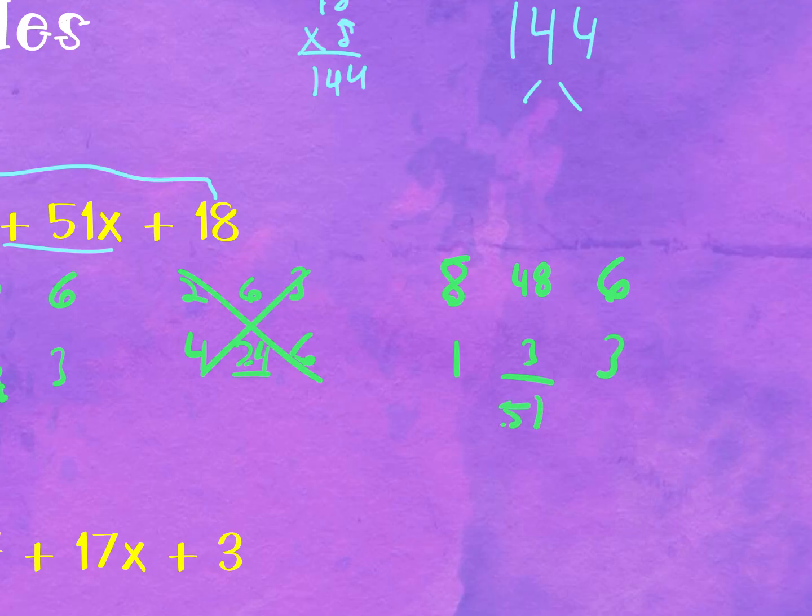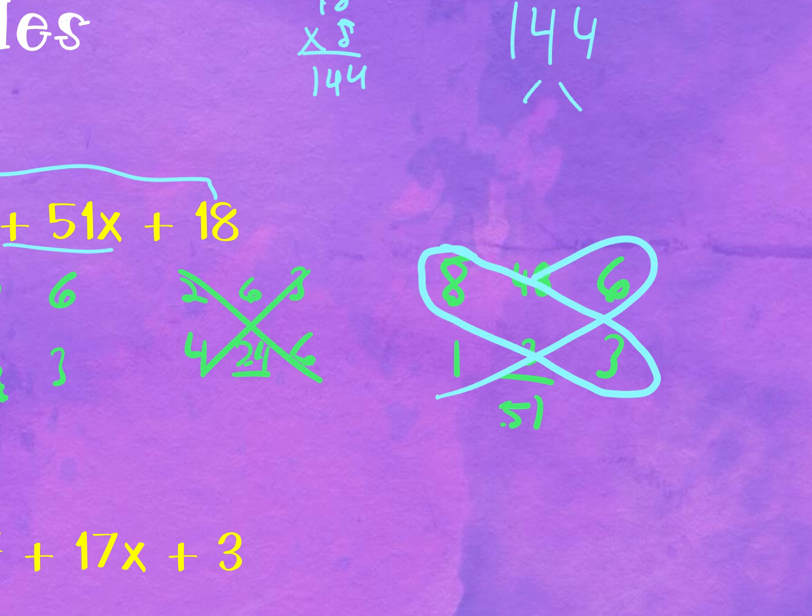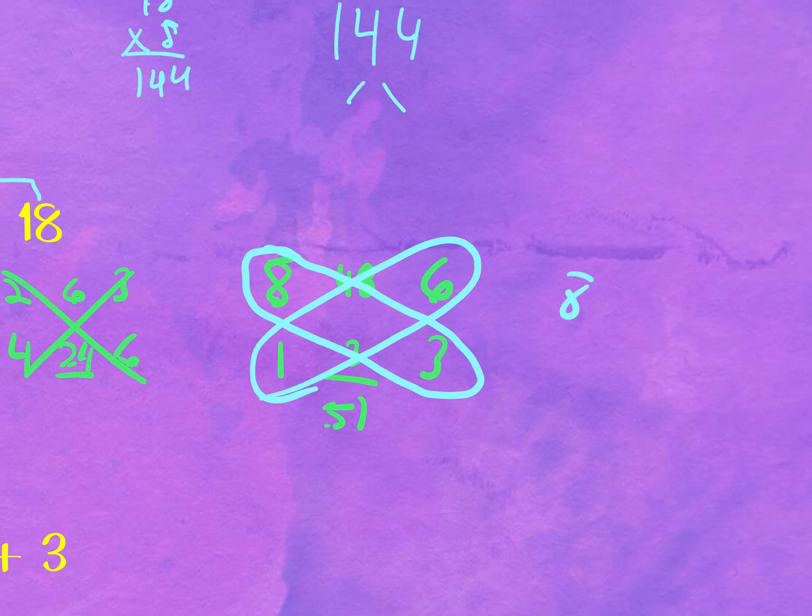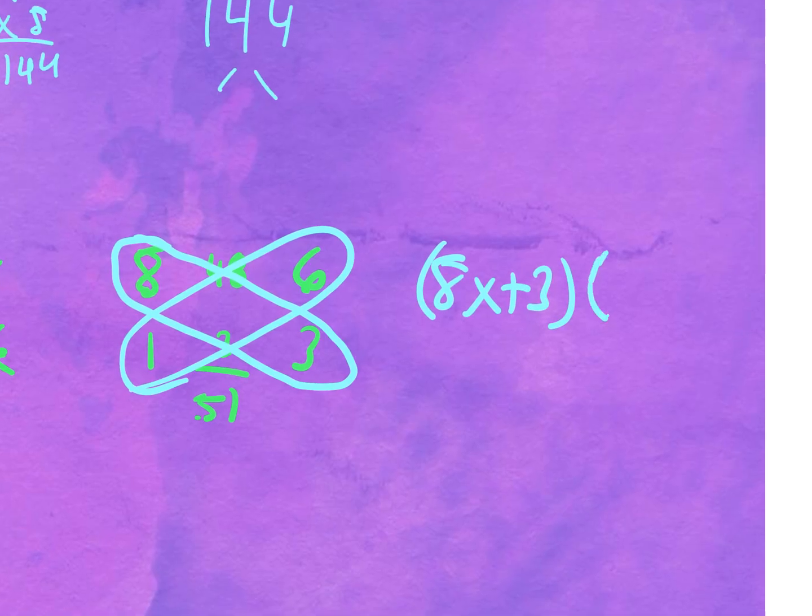That does work. Now that we have these numbers, you're going to go diagonally. 8 and 3 go together. 1 and 6 go together. All right, so it's going to be 8x plus 3, and then it's going to be 1x plus 6, which is just x plus 6.